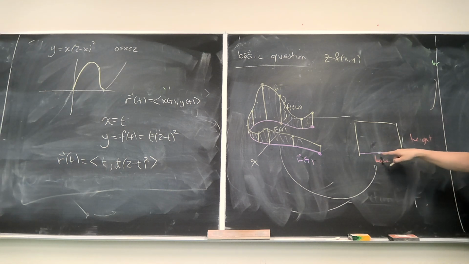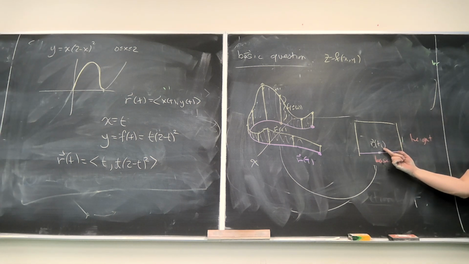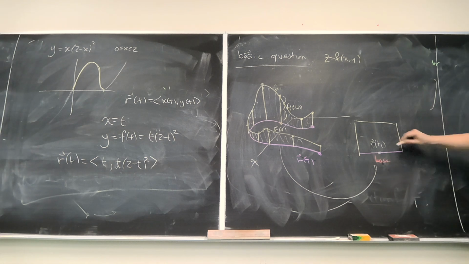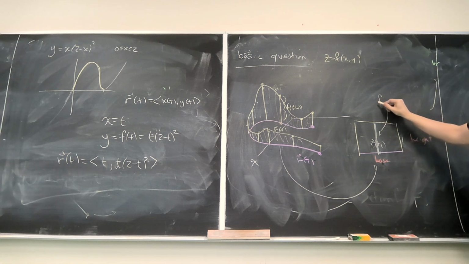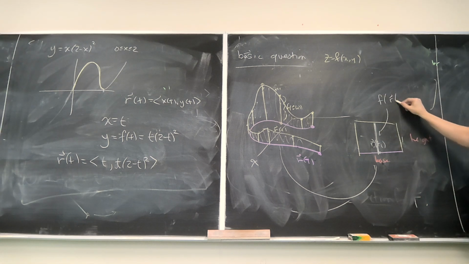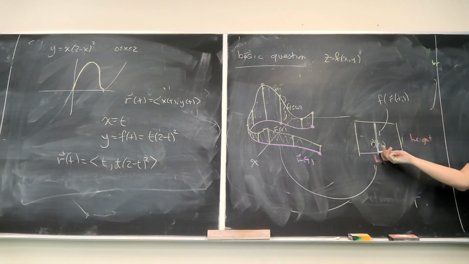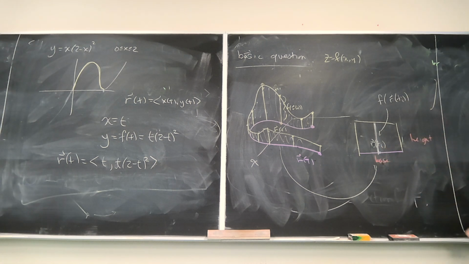In our case, because this comes from a path, I'm going to call it r of ti. Some time was selected, I feed it into the curve, and it tells me the value of the point. If I want to know the height of the rectangle, I need to know how tall that line segment is right there. How do I find it? f of it. Yeah, so that height is f of r of that point that we selected. Okay, so we're making some progress here.